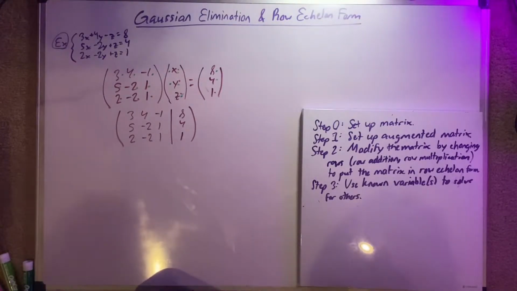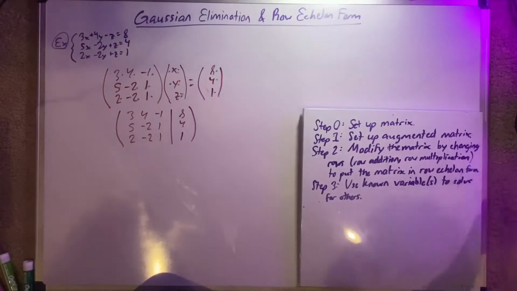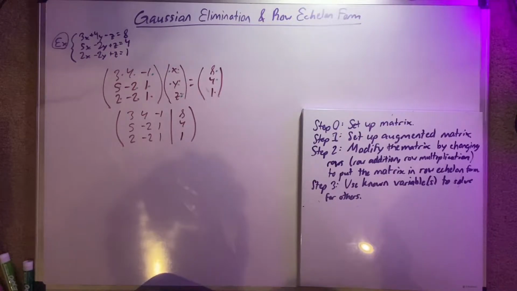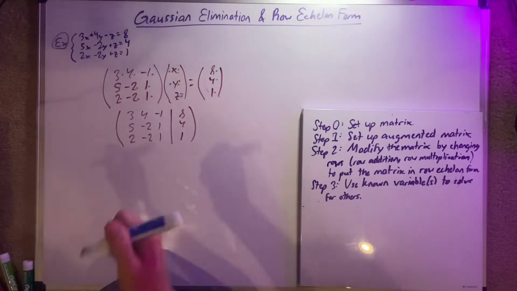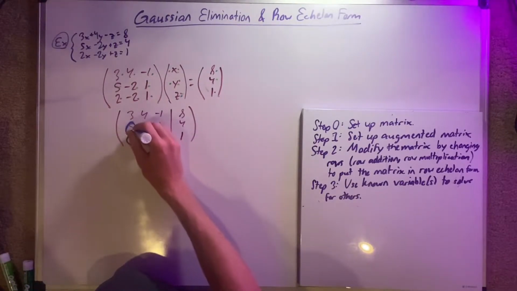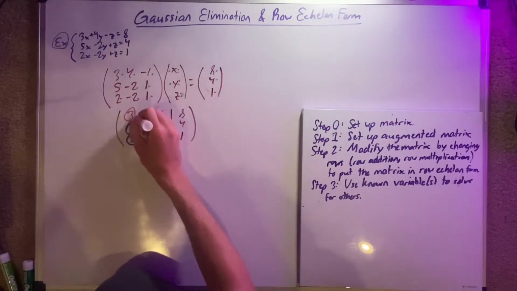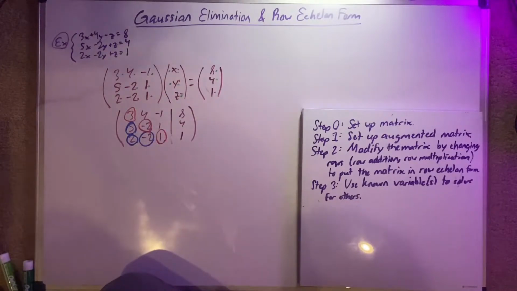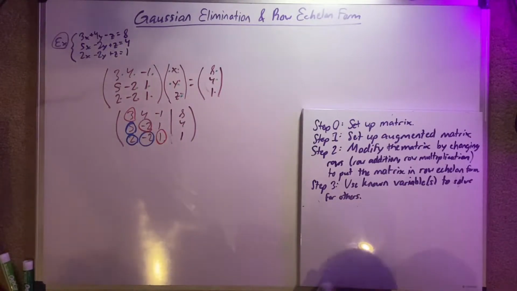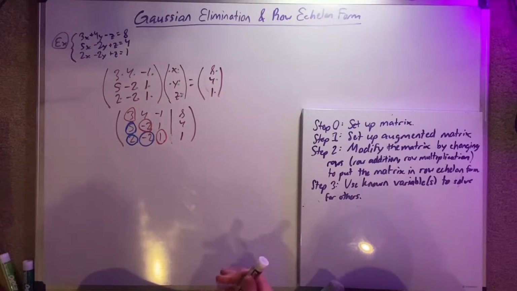So now our second step is kind of complicated. It says to modify the matrix by changing the rows, either by row addition, row multiplication, or both, to put the matrix in row echelon form. First of all, what's row echelon form? Row echelon form is making this number and this number, in that order, equal to 0, and then this number and this number equal to 1, although that is more of an optional step, which for this specific problem is optional because it's just not as necessary.